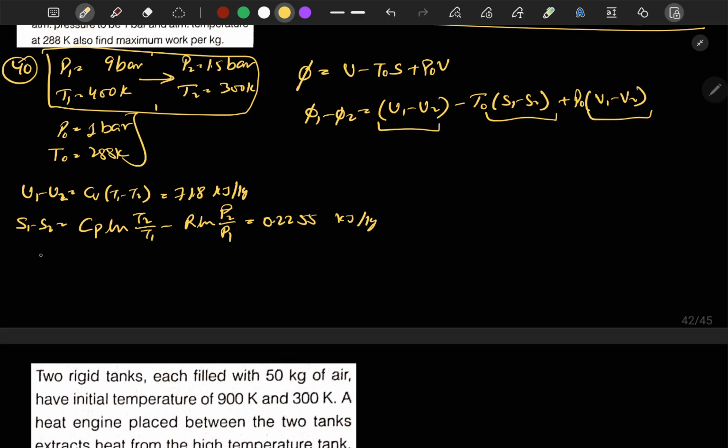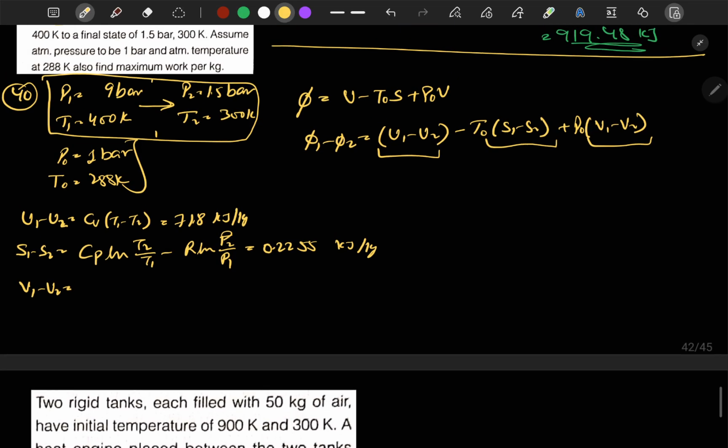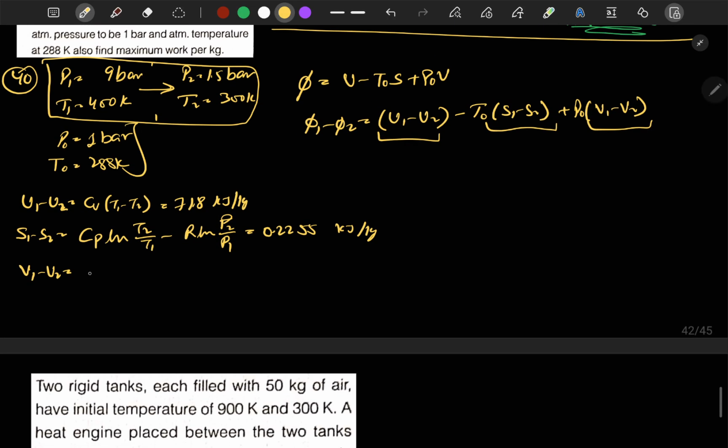And if you have to calculate the value of V1 minus V2, we can use the ideal gas equation PV equals MRT. From there we get V1 minus V2 equal to RT1 by P1 minus RT2 by P2. From here we can find its value: T1 by P1, T1 is 400 divided by 900, minus T2, 300 divided by 150.